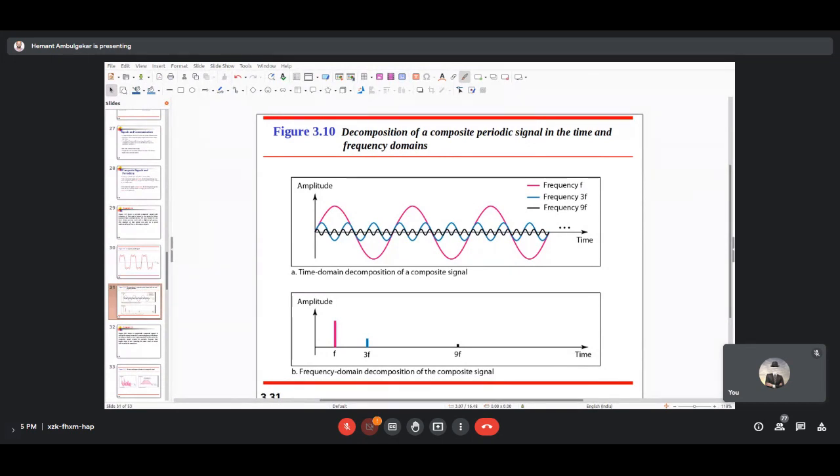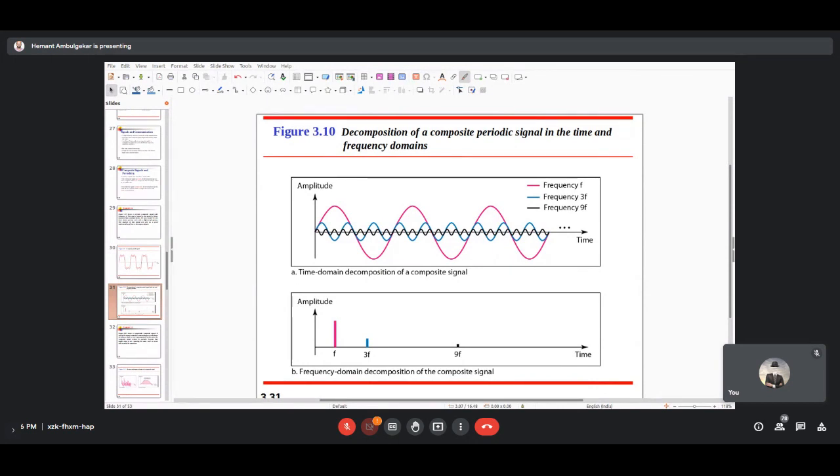The sine wave having frequency f in the composite signal is called the fundamental frequency, or the first harmonic.